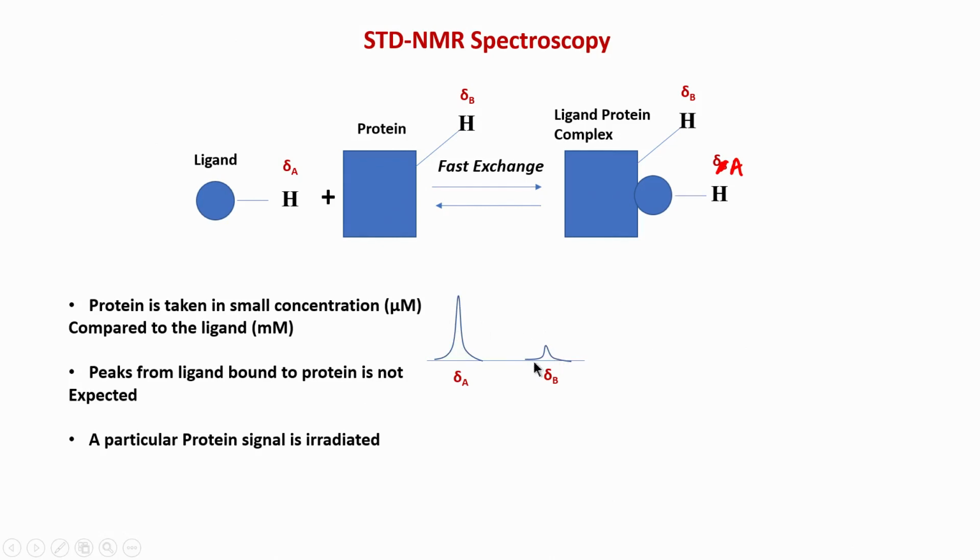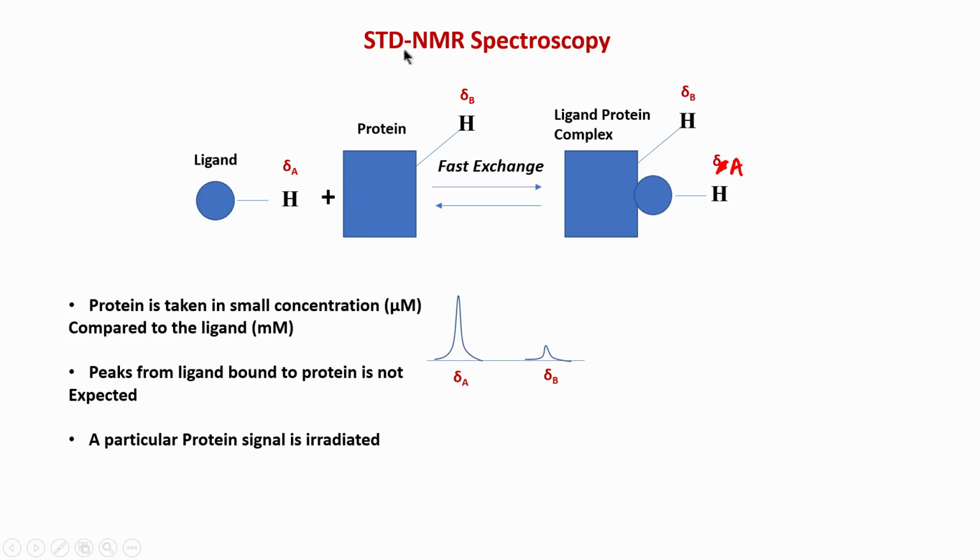So, the protein will have a methyl signal somewhere around 0 ppm, and that is what is irradiated, and the hypothesis or the hope is that there will be some protons nearby from the ligand, and that will transmit the saturation to it. So, that is why we use the word saturation transfer. We are transferring the saturation from one signal, that is one proton of the protein, to the proton of the ligand. Now, this explains the term saturation transfer.